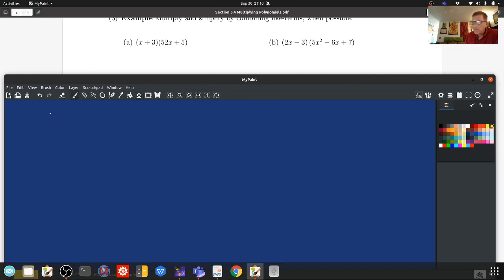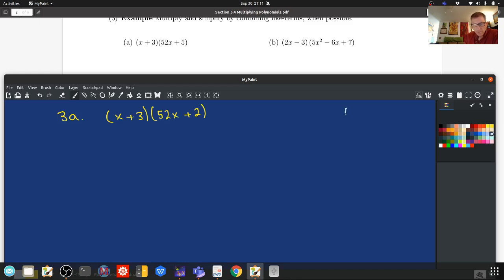So x plus 3, that's a polynomial with two terms, that's called a binomial. And 52x plus 5 is another polynomial with two terms. So this is the multiplication of a binomial times a binomial.